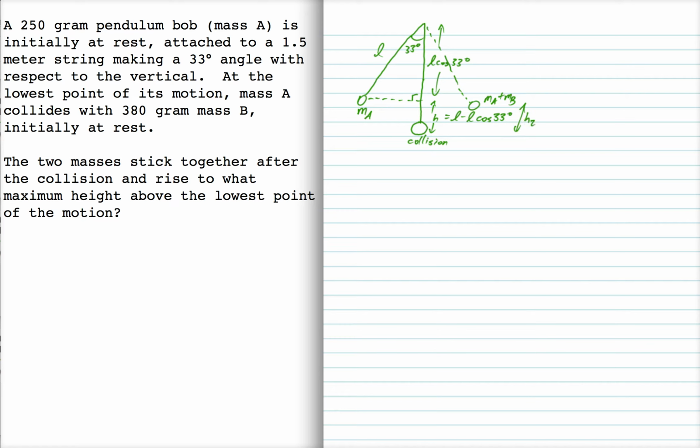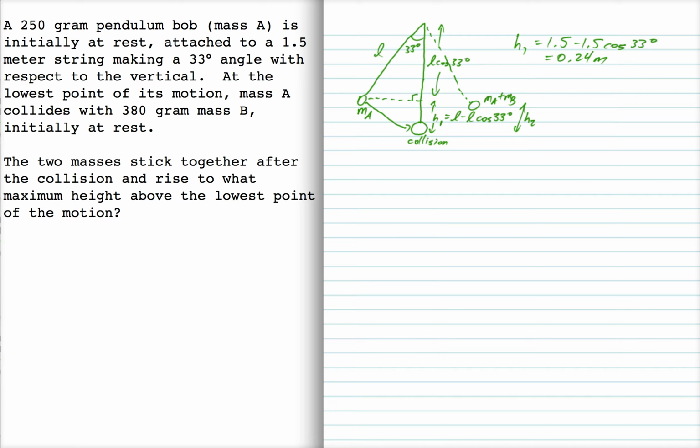We'll call this h1, and this other height is h2. So h1, the height through which the mass falls initially, is 1.5 minus 1.5 cosine 33. So that's 0.24 meters.